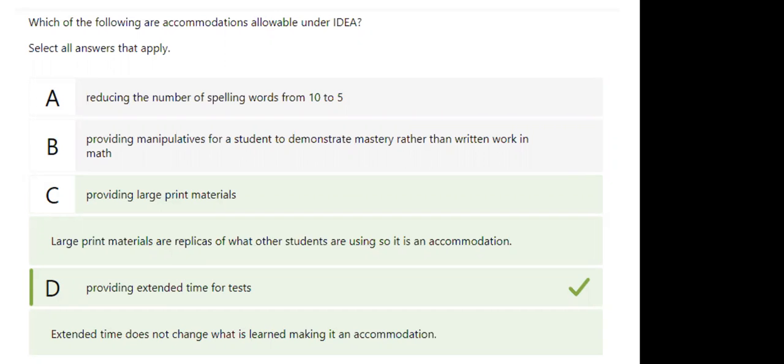Modifications, reducing the number of spelling words from 10 to 5. And providing manipulatives for a student to demonstrate mastery rather than their written work. That one is kind of questionable. It could go either way. It really could go either way. Providing manipulatives, it just kind of depends on what those manipulatives are.